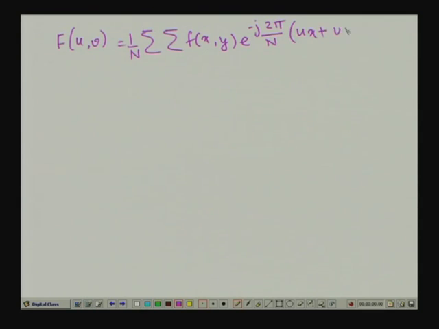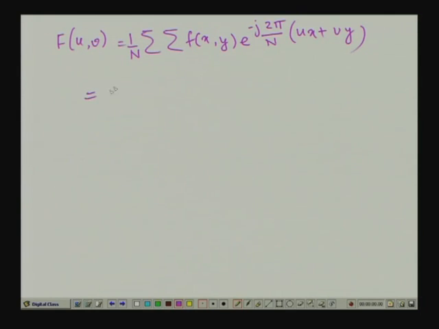Here you find that f u v will be simply summation 1 upon n f x y e to the power minus j 2 pi by capital N u x plus v y.